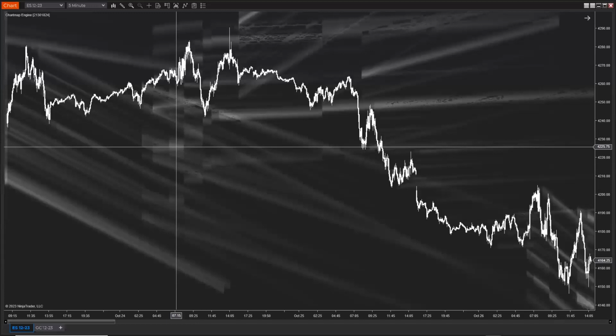In other words, where there's white bands, we're expecting that there's a decent chance that those white bands are going to give us, it's going to be a fight, right? Whether we get price rejection or we get some kind of reaction at that area. That's what the information is telling you.